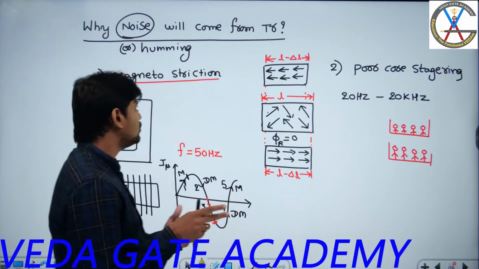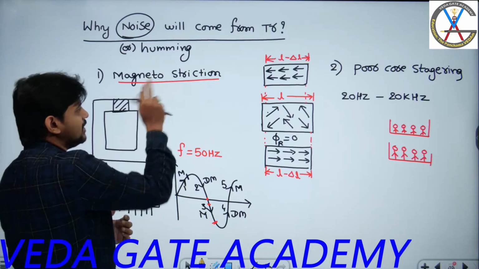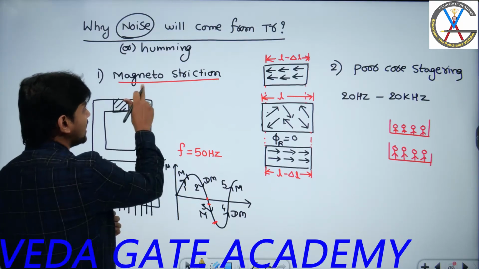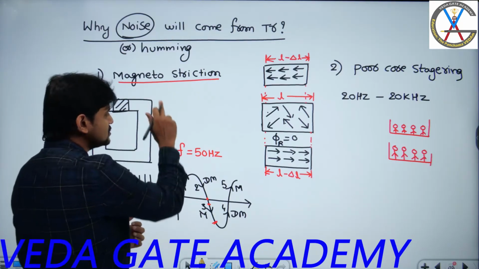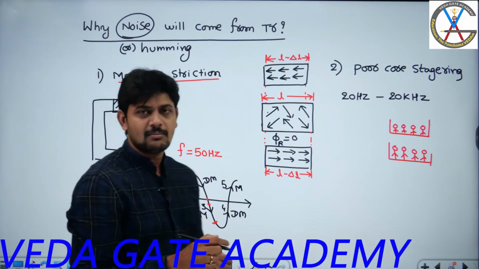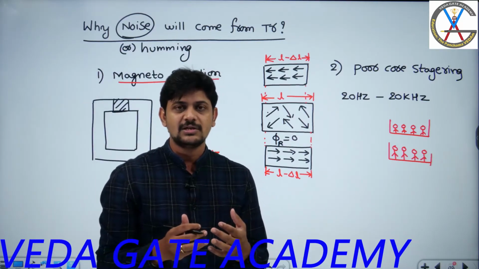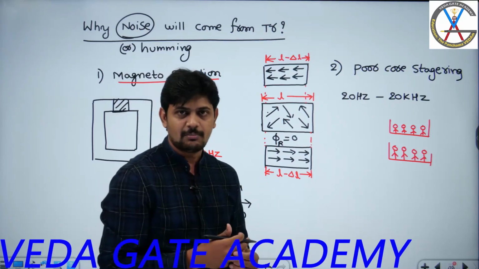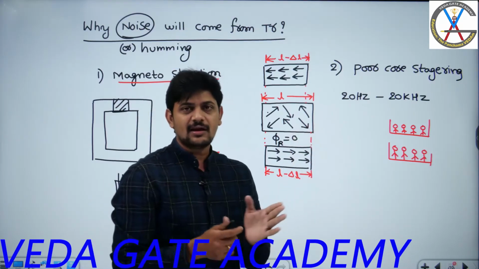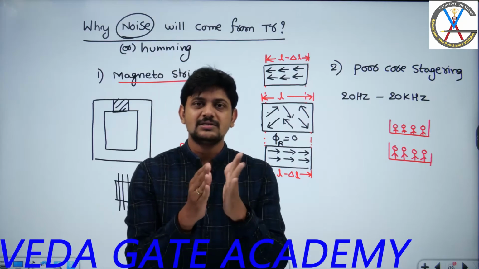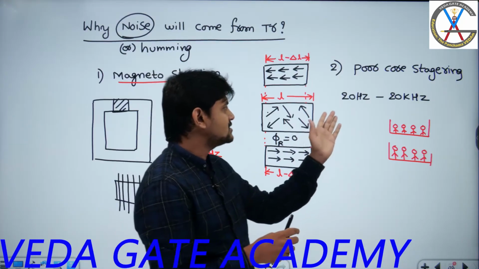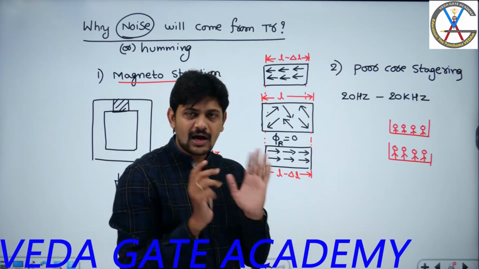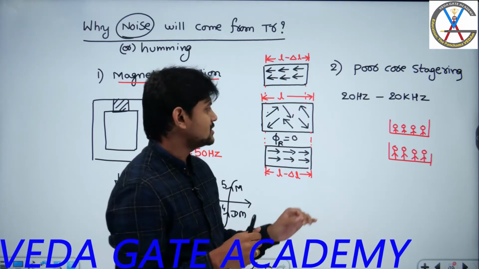So the major reason behind the occurrence of noise is magnetostriction. What is the definition of magnetostriction? It is a property of magnetic material in which changes in dimensions take place whenever an alternating magnetization process is applied. And poor core staggering means the laminations are not tightly bunched, and because of that you are going to get humming or noise from the transformer.